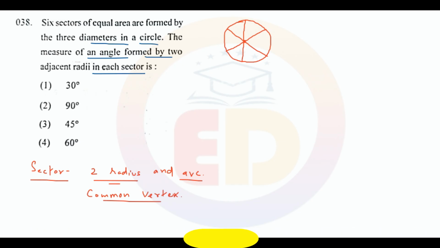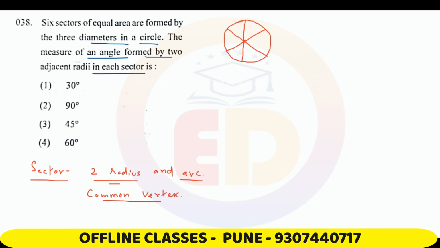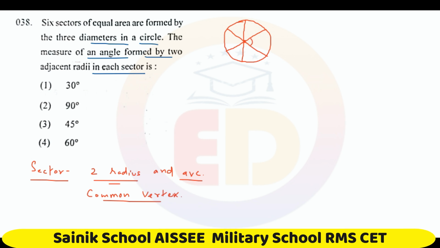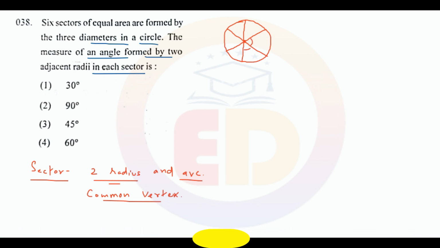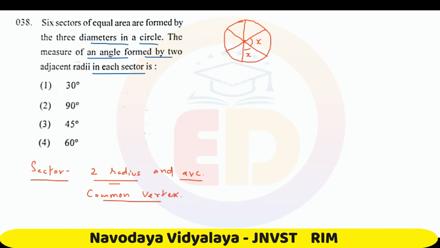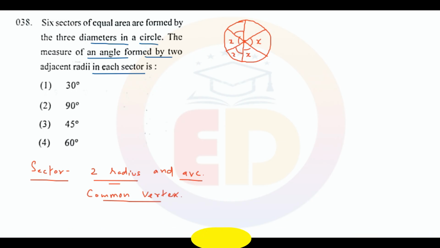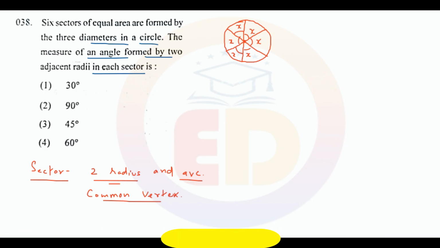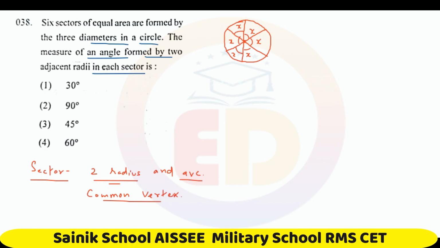Now basically it actually implies that we are dividing the circle into 6 parts, and if the area is same then each of the angle will be same. If this angle is x, this is also x, this is also x, this is also x. All the angles are same, and we know that sum of all the angles across a point is 360.